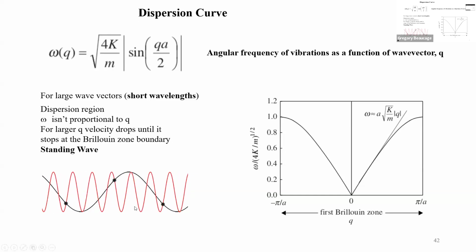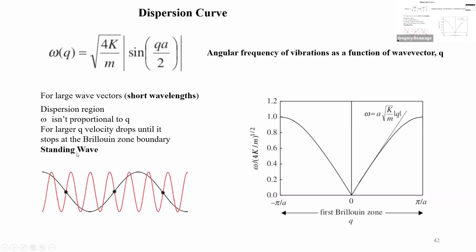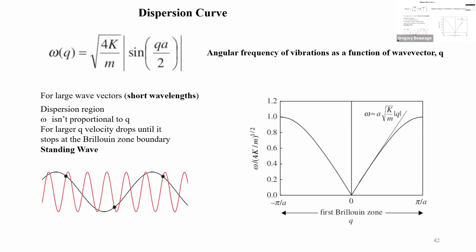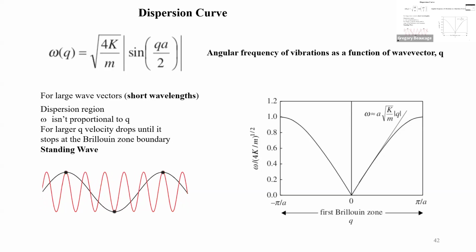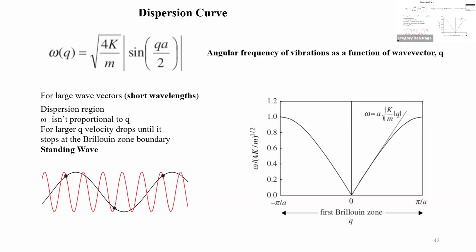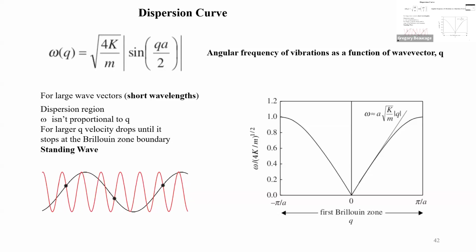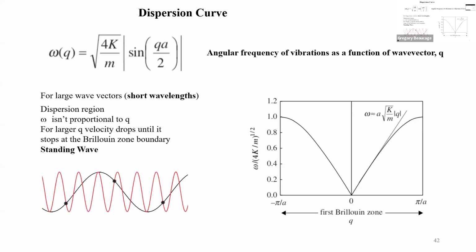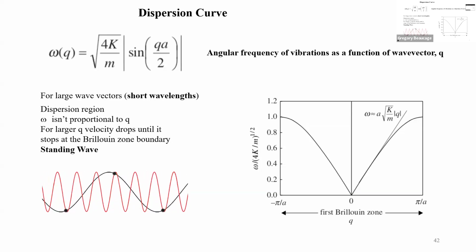Okay, so if I have my atoms here, and I have a very large wavelength, say a transverse acoustic wave coming in, this guy goes up, that guy goes up, this guy goes down, so it's going through the material like that. That's fine.